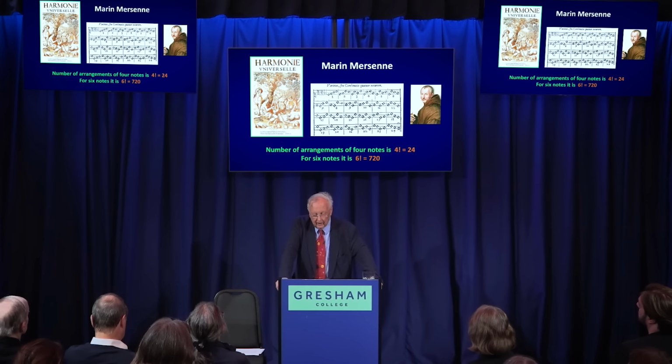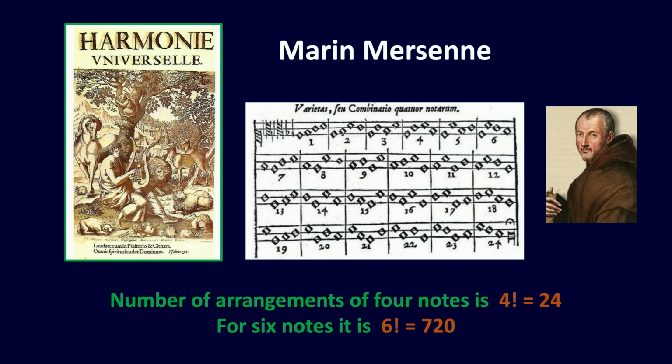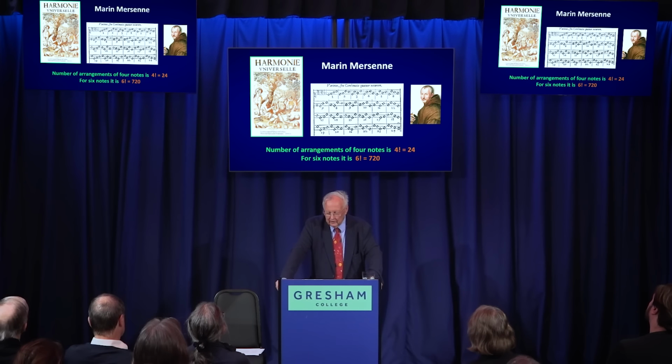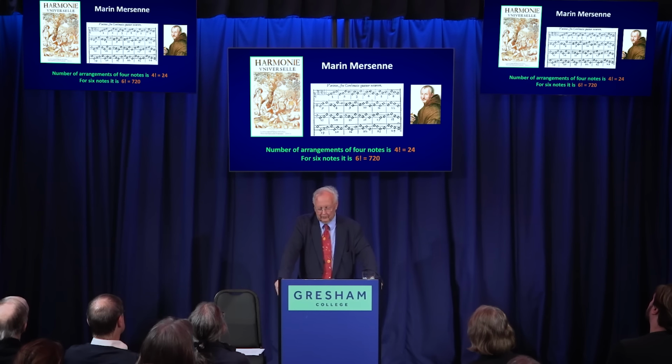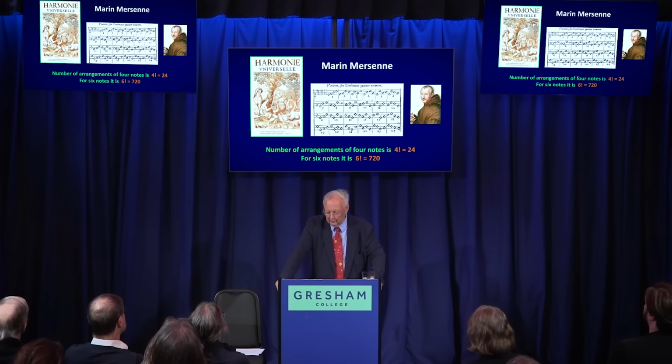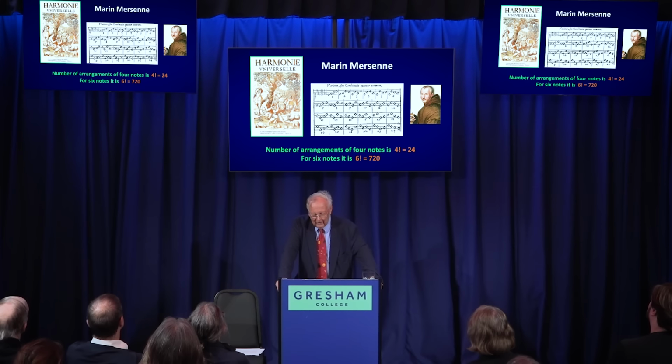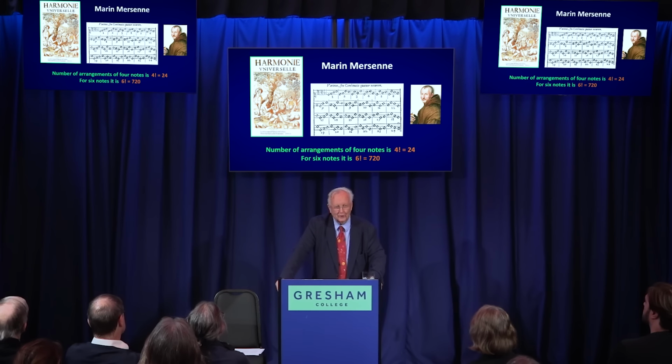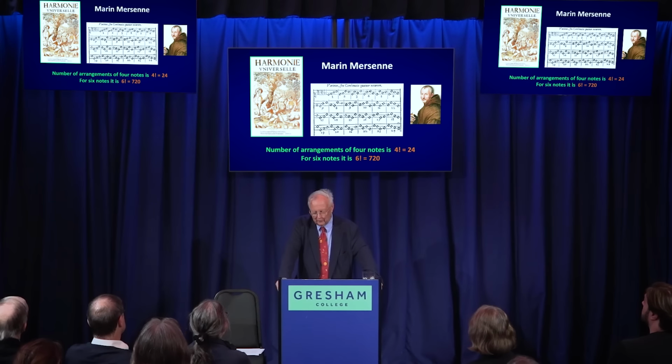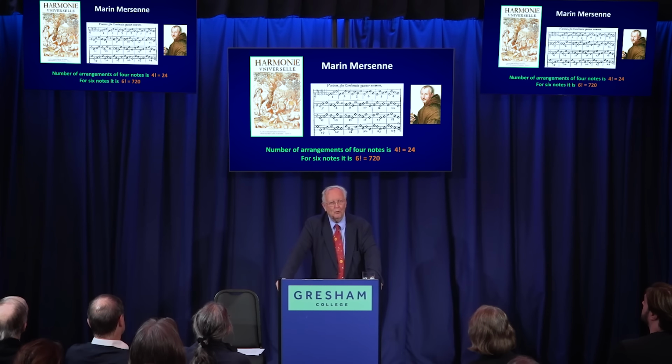And in particular, as you can see here, he displayed all the 4 factorial equals 24 songs formed by arranging 4 musical notes. And he then followed this with the 5 factorial equals 120 arrangements of 5 notes. And then he wrote out all the 6 factorial equals 720 arrangements of 6 notes, pages and pages of them, all written out in full.